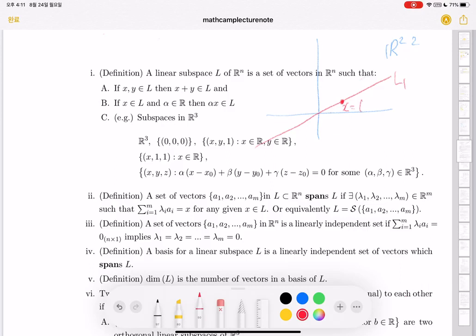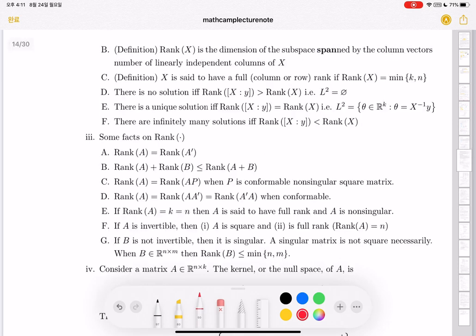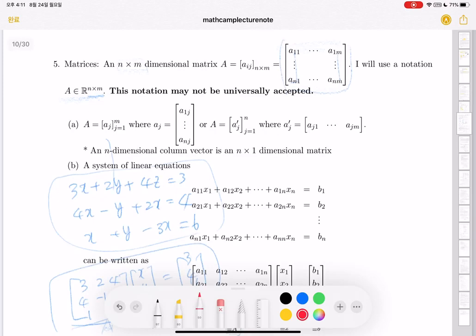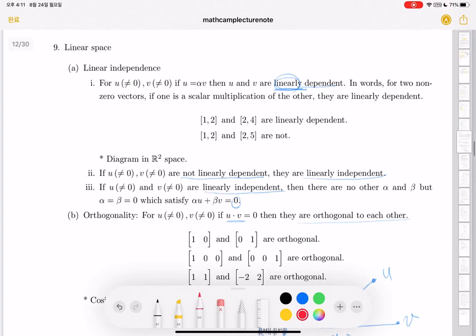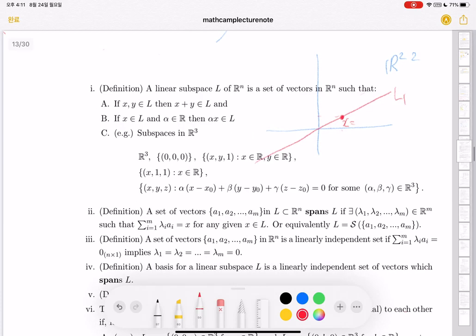X is 2, 1. Then L1 is the set of x1 and x2 such that (x1, x2) is alpha times (2, 1).